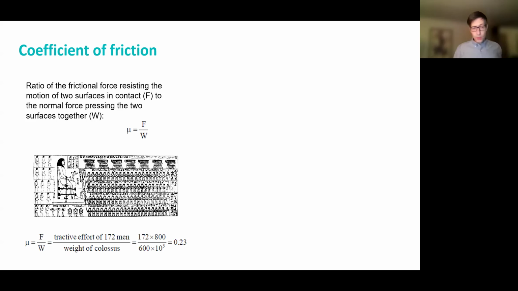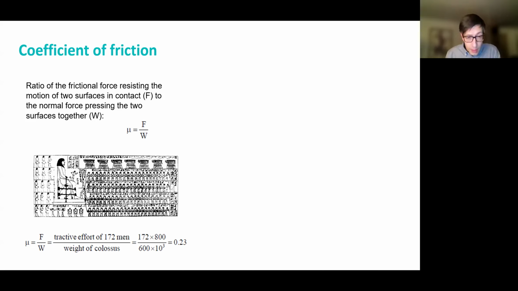So that's the ratio of those two forces. So let's now come back to the Egyptians for a second, and let's do a very quick back of the envelope calculation for that case. If you want to compare the frictional force with the normal force, we can replace our F, which is friction force, with the amount of work being done by all these men pulling the sledge.